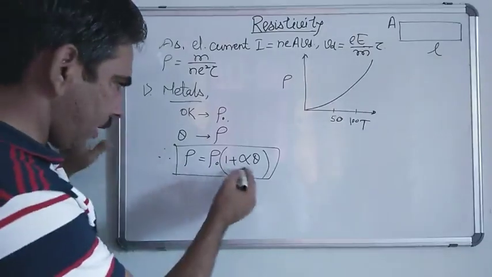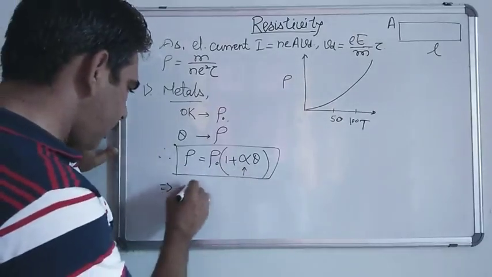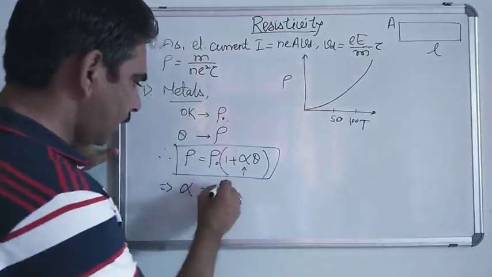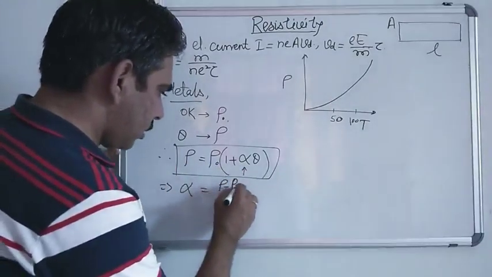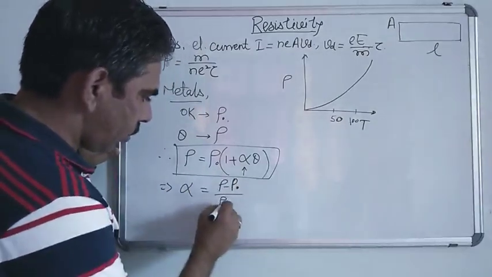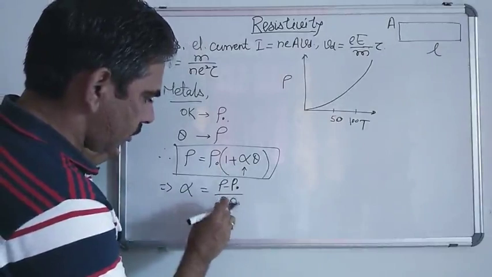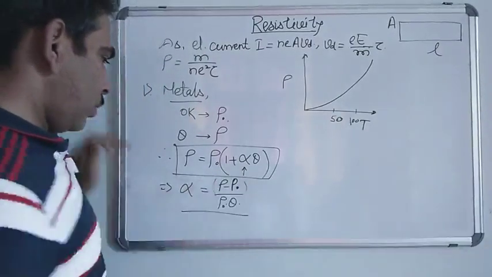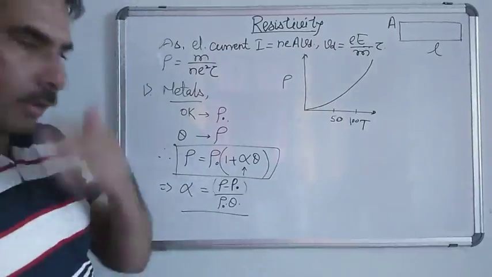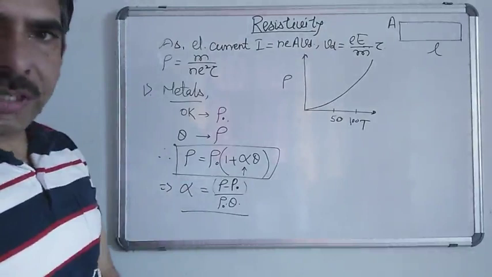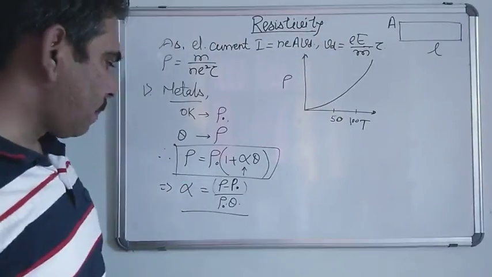So alpha is equal to (rho minus rho naught) upon (rho naught into theta). This is the expression to calculate the temperature coefficient of specific resistance of any metallic conductor.